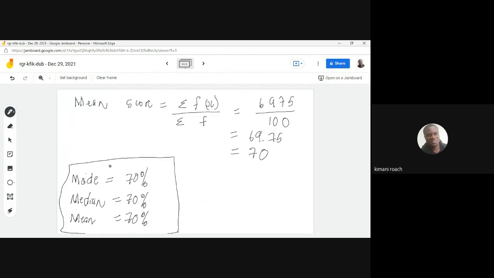And once you have a data set that is following this pattern, then we can say that our data is normally distributed.